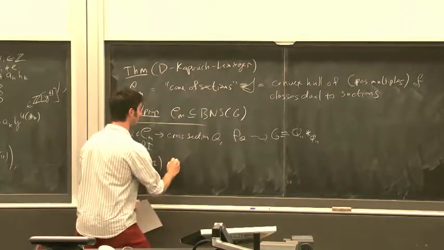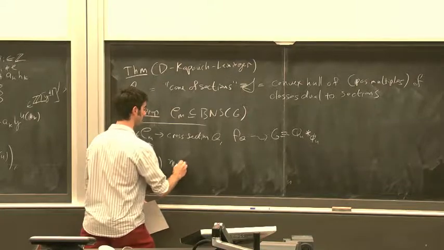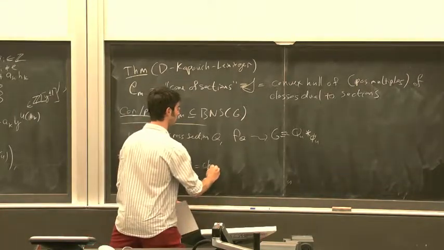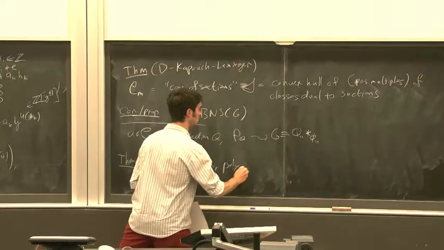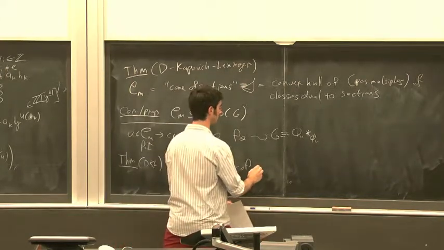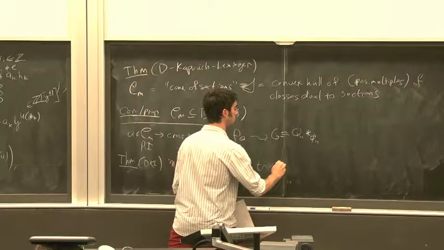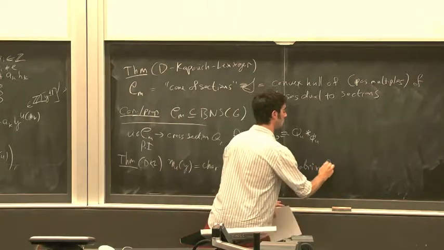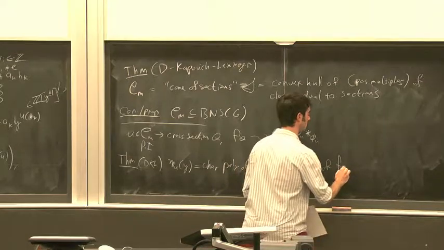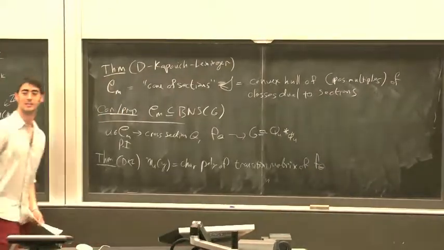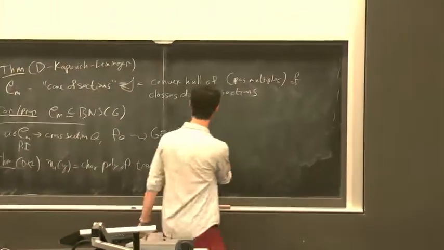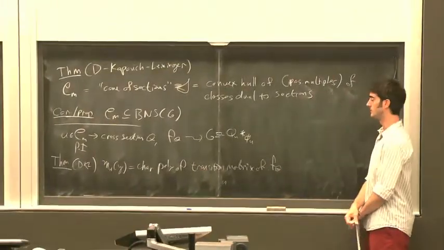This specialized polynomial is the characteristic polynomial of the transition matrix of that first return map. Somehow this polynomial knows about the first return maps of all of these cross sections to themselves, if you set things up correctly.